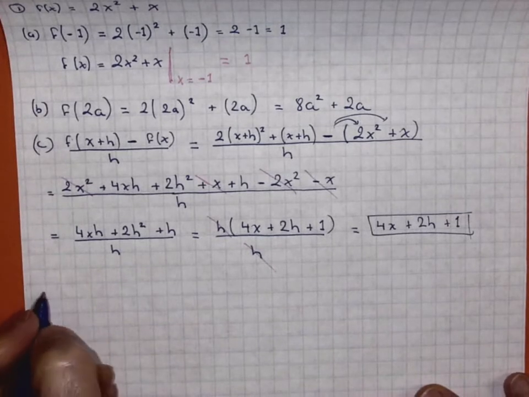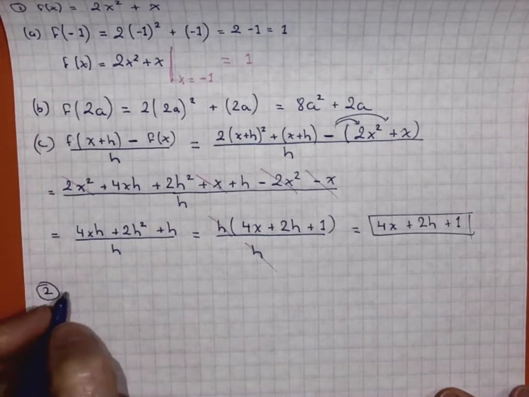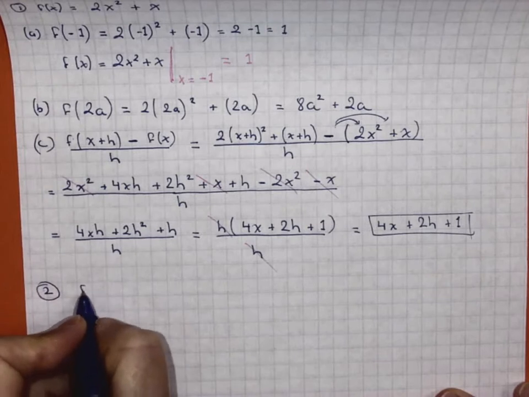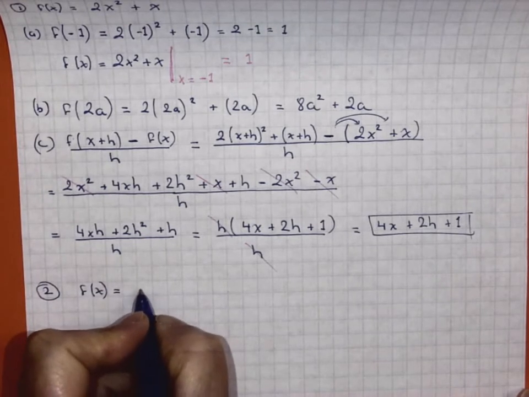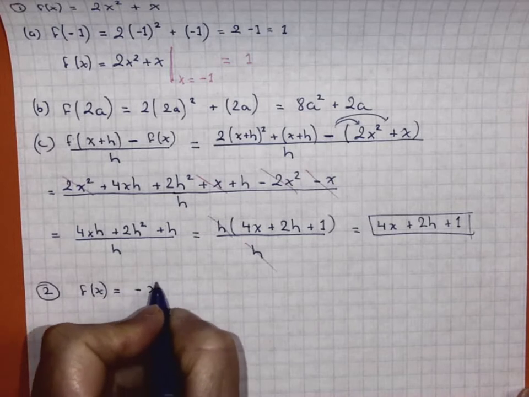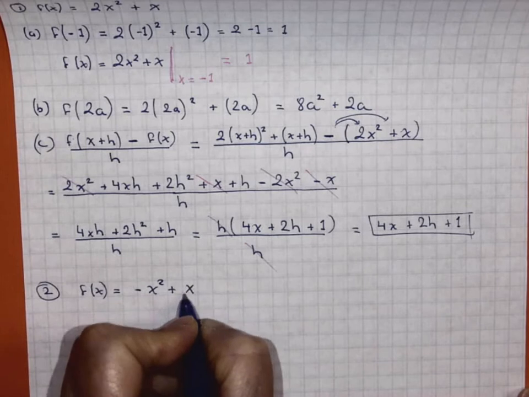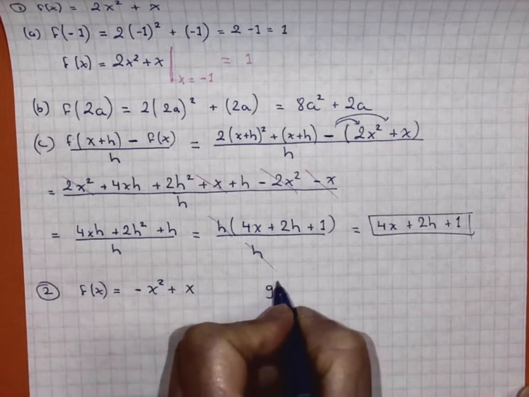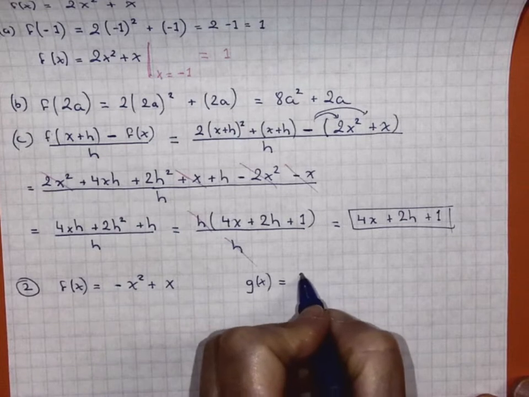Sometimes, so let's do example 2, and let's not make those functions too complicated. Let's imagine we have f of x is equal to negative x squared plus x, and g of x is equal to 3x.